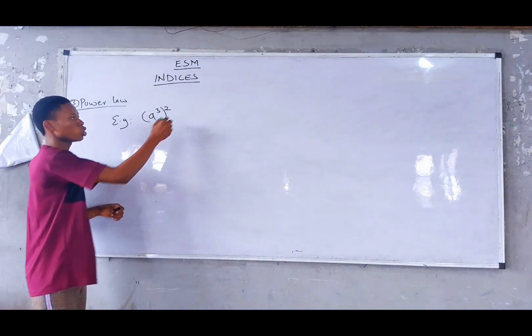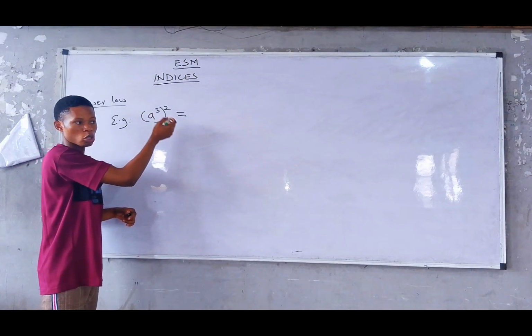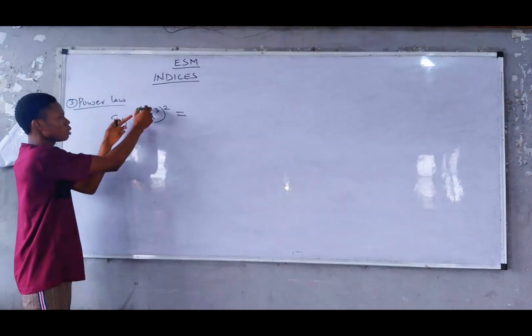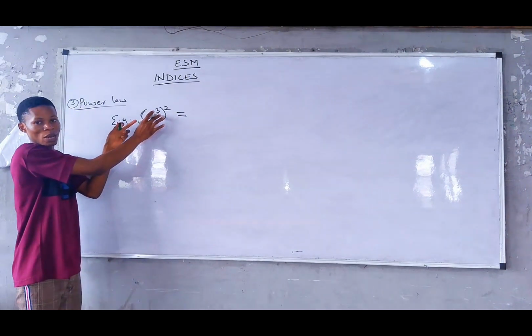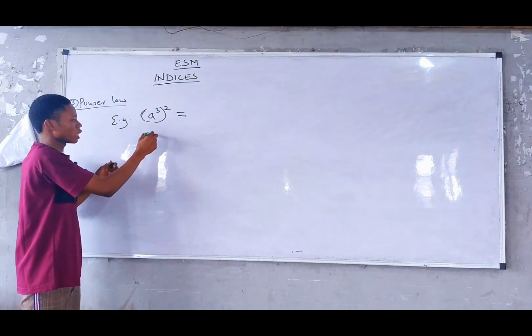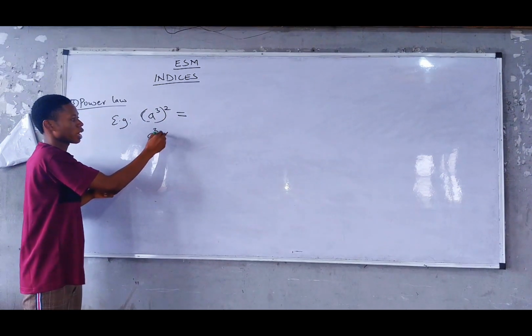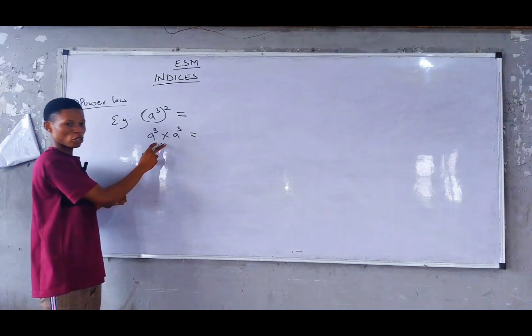So in this case, what do we do? Do we add the powers? What do we do? We multiply, right? This raised to power 2 is saying everything in this bracket is appearing 2 times. Is it not? So this is just like saying a raised to power 3 times a raised to power 3. Is it not? We are back to multiplication law.